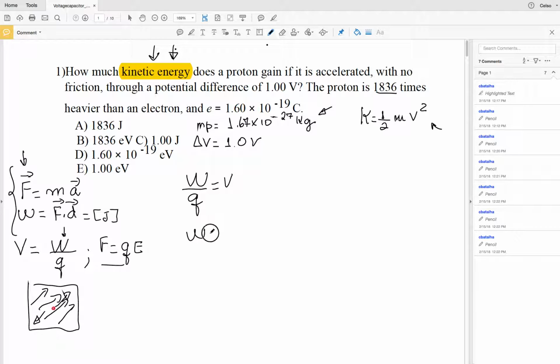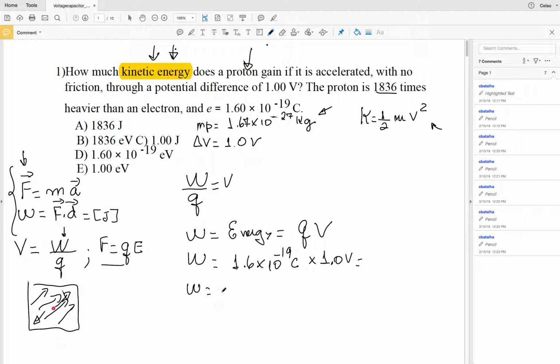So the work, which is energy, is equal to Q times V. So the energy is equal to the charge of a proton, 1.6 times 10 to the minus 19 coulomb, times the voltage, which is 1 volt. So the energy we are talking about is 1.6 times 10 to the minus 19 joules. So that's the energy.